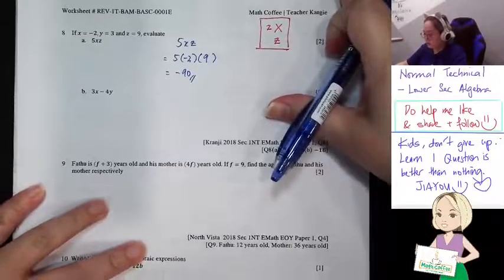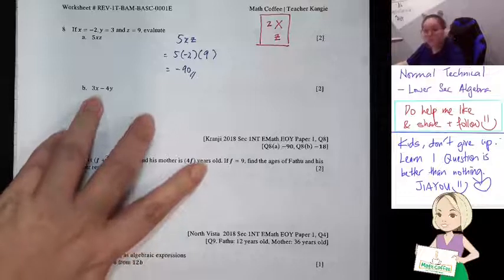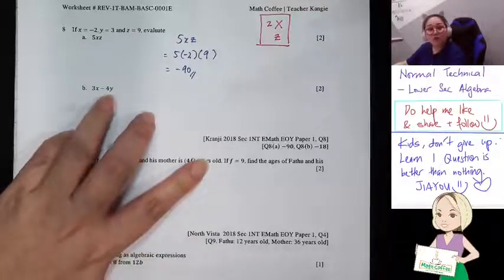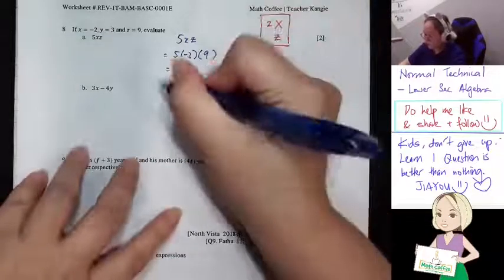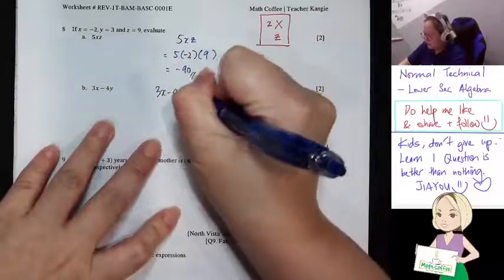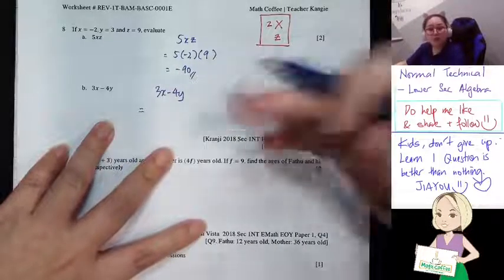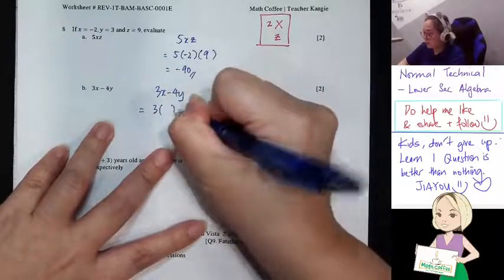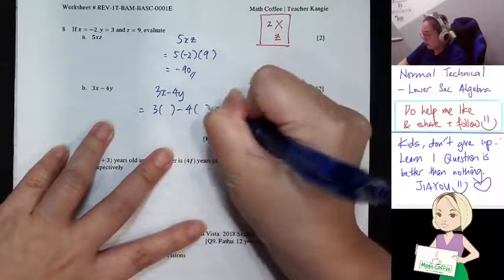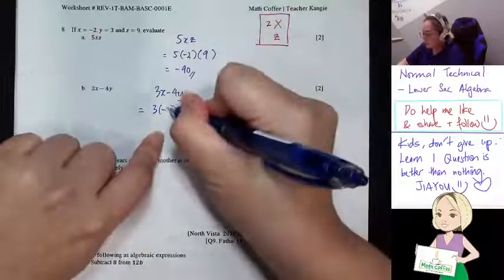Okay, next. Okay, 3x minus 4y. So 3x minus 4y. So again, you're going to replace the alphabet with bracket. So it's 3 bracket minus 4 bracket. Go back to the question and see, okay, my x is negative 2, throw in the negative 2.